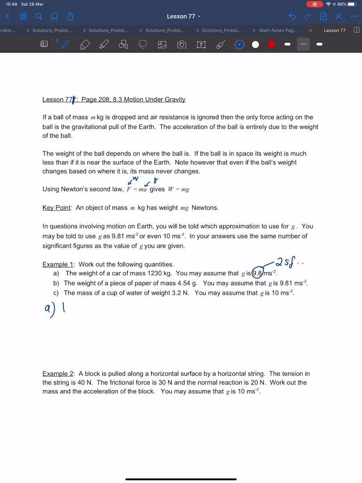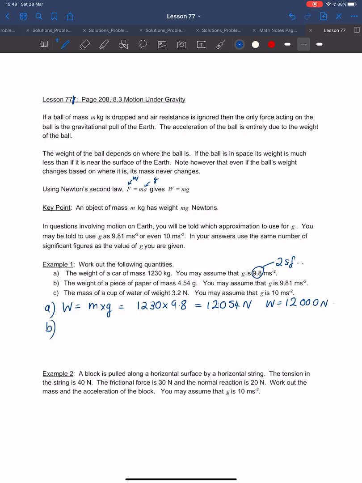And then the weight, which is m times g. So it's 1230 times 9.8, which is 12054 newtons. But we want two significant figures. So the weight is 12 with 3 noughts, two significant figures, newtons.